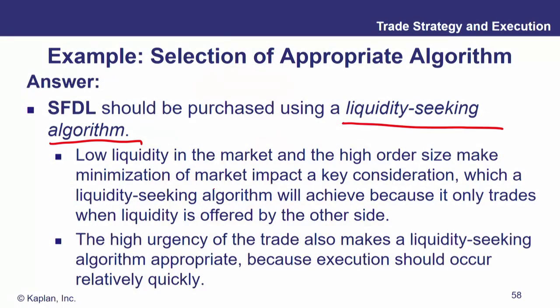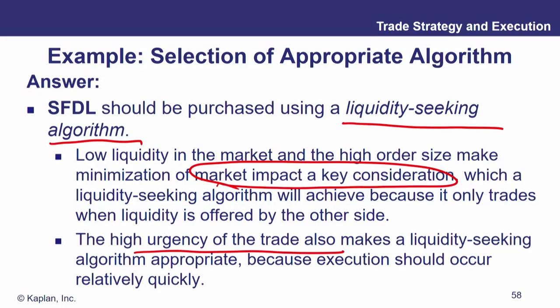We've got a high order size. It makes minimization of market impact the key consideration. And that's what liquidity-seeking algorithms do best, because it's only going to trade when liquidity is offered by that other side. Now, the high urgency of the trade also makes the liquidity-seeking algorithm appropriate because execution should occur relatively quickly.